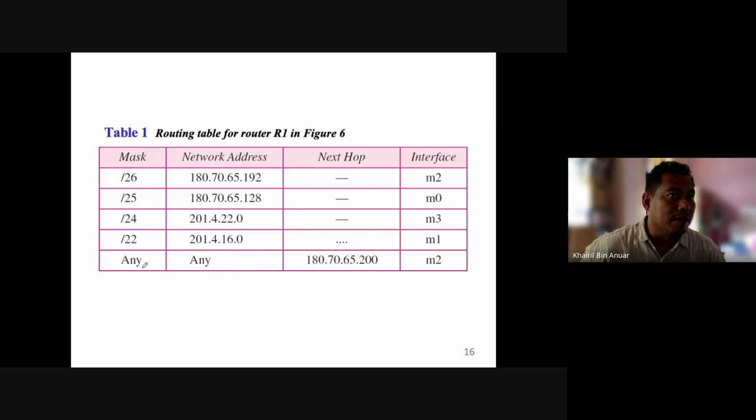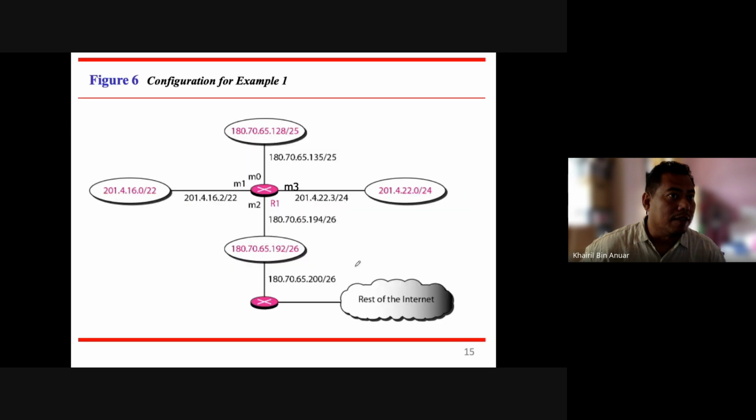So here any mask, any network, and then the next hop would be 65.200. This is where you need to go if you have any network other than the 4 networks defined on the routing table.